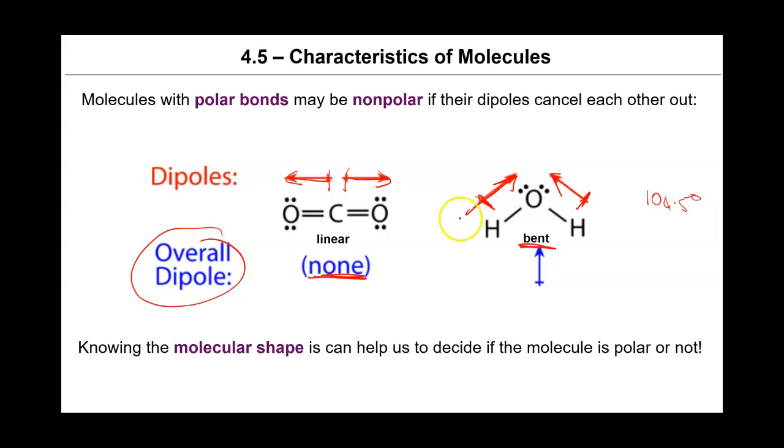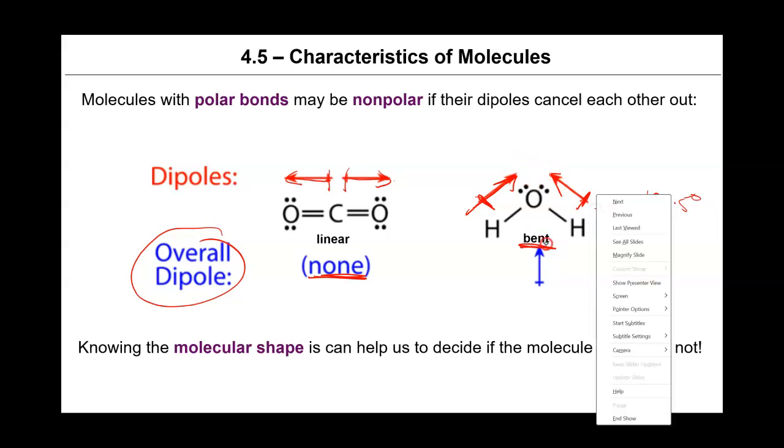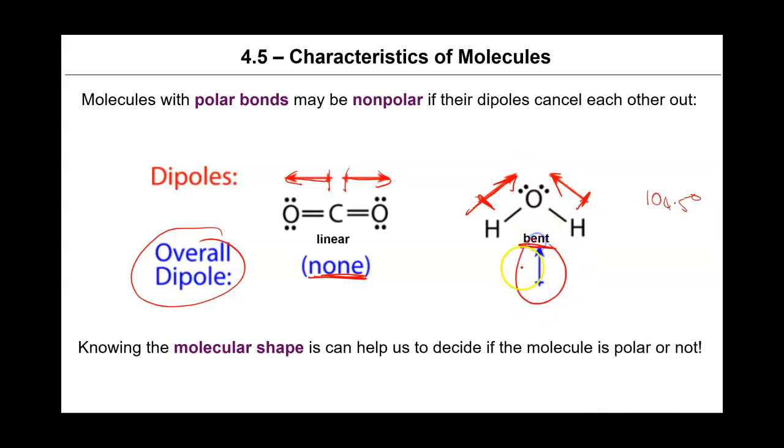And what we can see is we have one arrow pointing up and to the right, and one arrow pointing up and to the left. So overall, the left and right bits are going to cancel out, and there is a net molecular dipole that points upwards. And that kind of agrees with what we said, that the oxygen end is negative and the hydrogen end is positive in a water molecule. So the shape can help us visualize how the electrons are being pulled around in space.